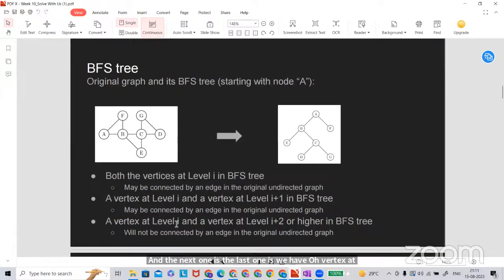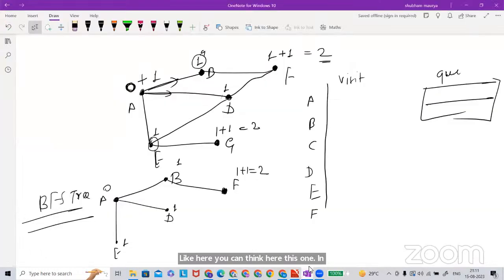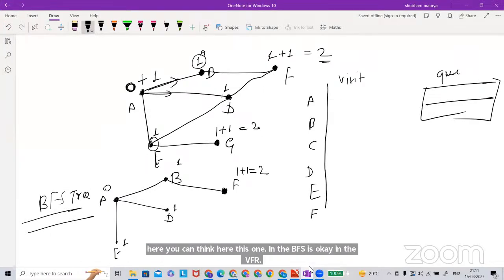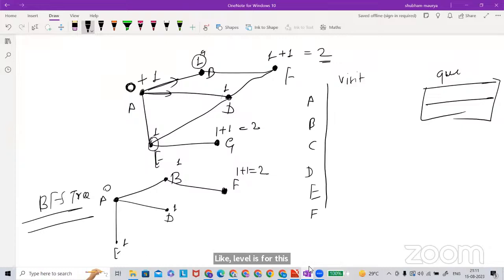The last case is a vertex at level I and one at level I+2. In that case there will be no edge. They will never be connected. If the level difference between them is 2, there is no edge between them. Here the level of A is 0 and the level of G is 2, so the level difference is 2, and there is no edge.